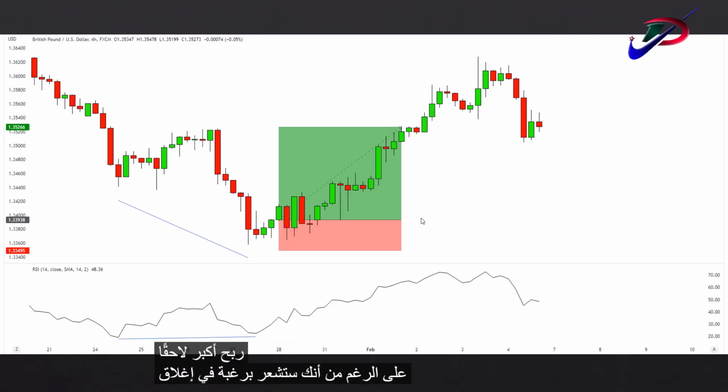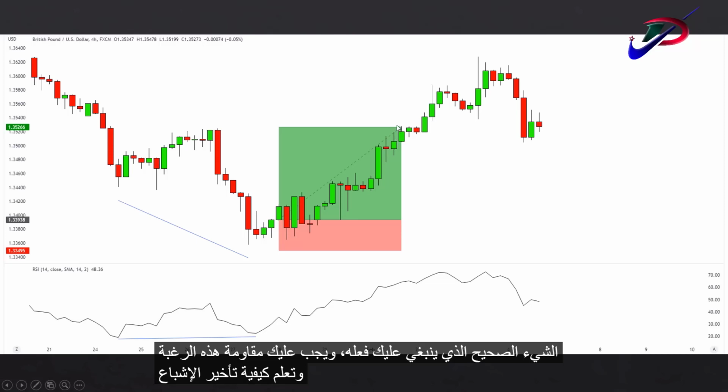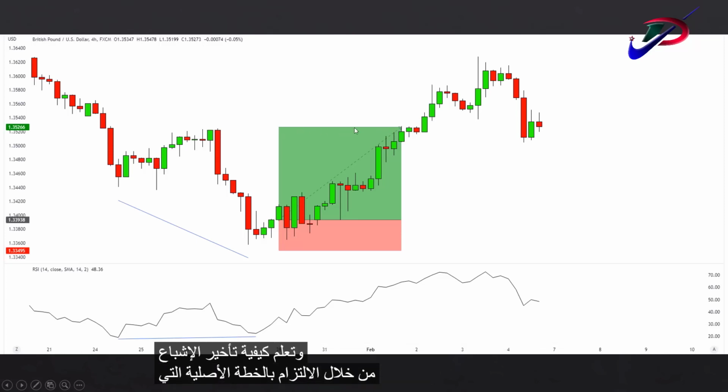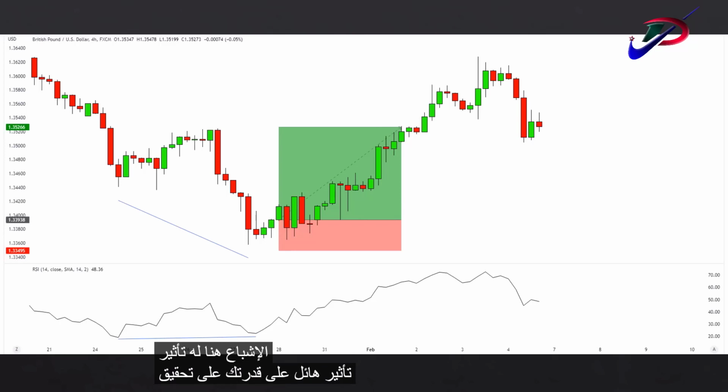Even though you will feel like closing the trade at this point is the right thing to do, you must resist this urge and learn how to delay the gratification by sticking to the original plan, which is to close the trade at the predefined take profit target. This decision of delaying the gratification right here has a massive impact on your ability to be consistently profitable in the long term. We can also see that the trade eventually hits the target, and then another problem will happen.